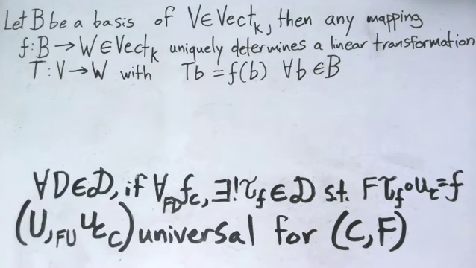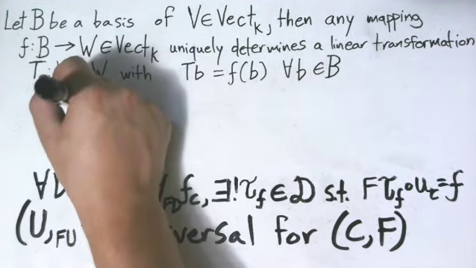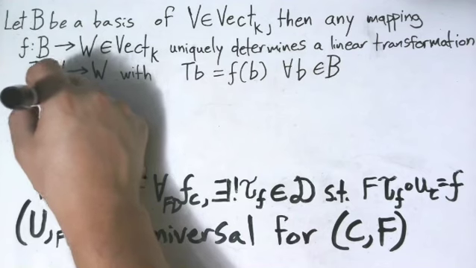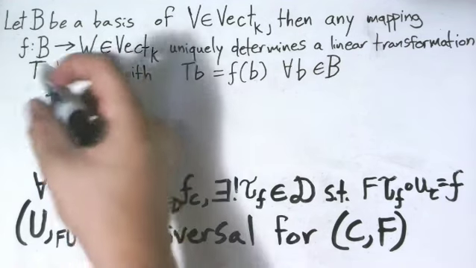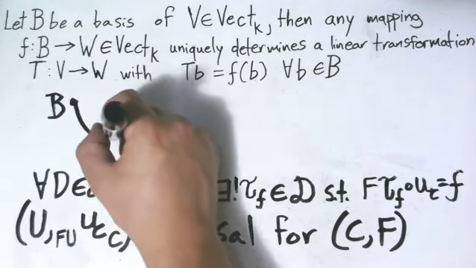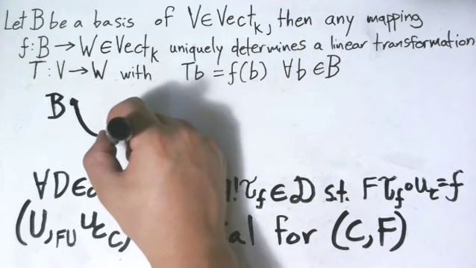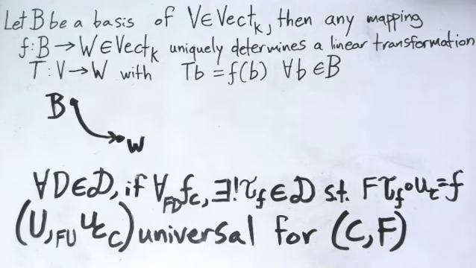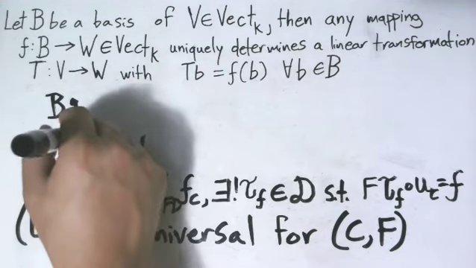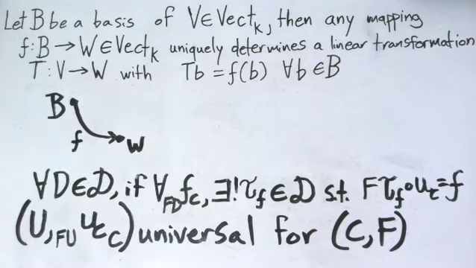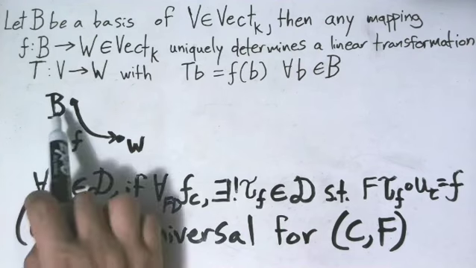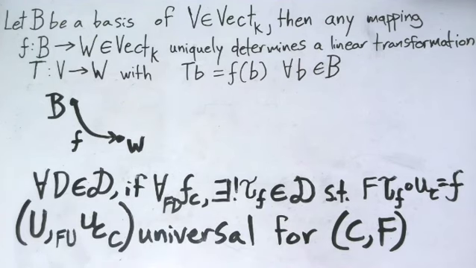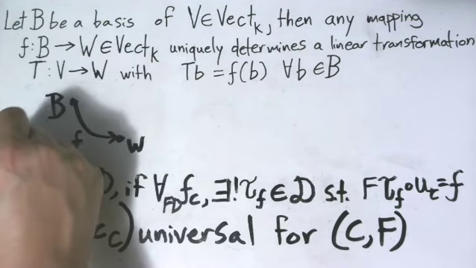So if we have our basis vectors B and some mapping f into a vector space W over a field K that we've fixed, well then f is a set function, because B is not a vector space, it's just a set of vectors. So this lives in the category of sets.